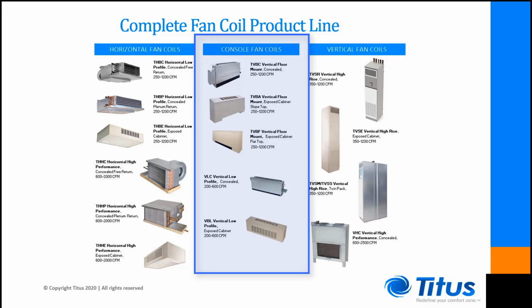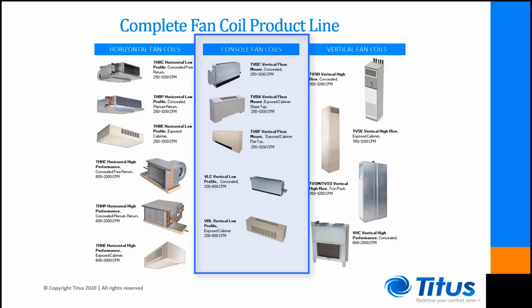The next category is the console-style fan coil units. These units are meant to sit on the floor either up against a wall or behind it. A common location would be up against a wall under a window. There are buildings where using a horizontal fan coil unit is not possible due to the premium space availability or low ceiling height rooms.